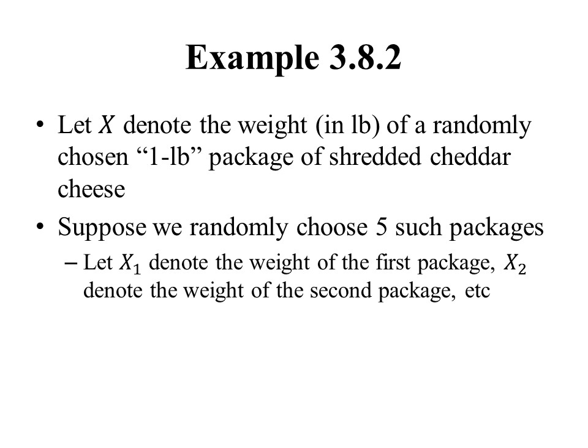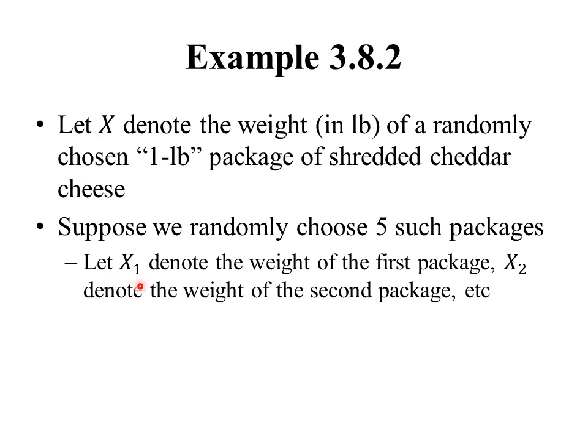Let's suppose we randomly choose 5 such packages, and let the random variable x1 denote the weight of the first package, x2 the weight of the second, x3 the weight of the third, and so forth. So these 5 random variables, x1 up through x5, are really the same as x.